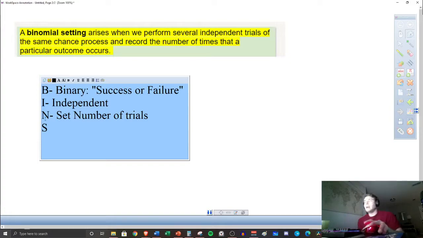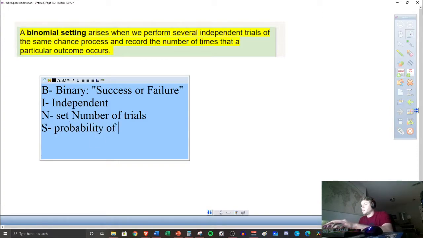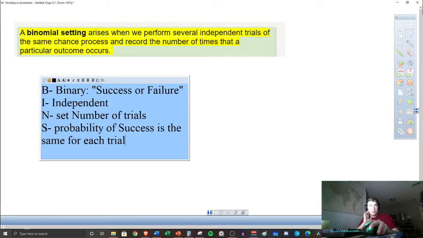So is there a set number of trials already laid out? Okay. Last, S, probability of success is the same for each trial. Kind of already wrote that, but I wanted to rewrite it again because this is what you have to use to answer a lot of questions. Okay.